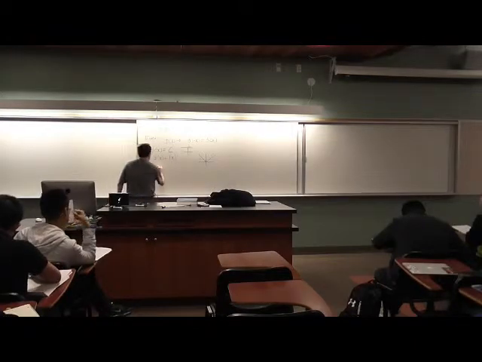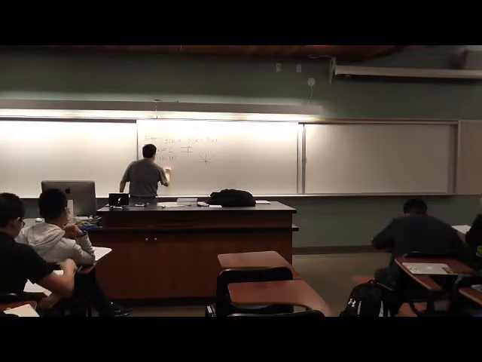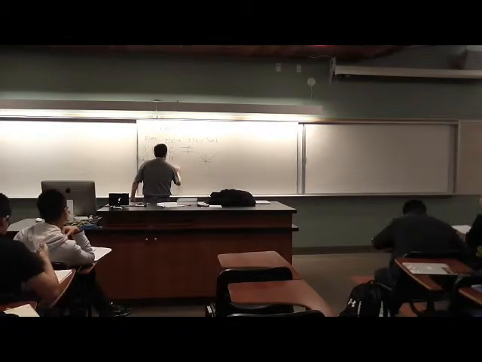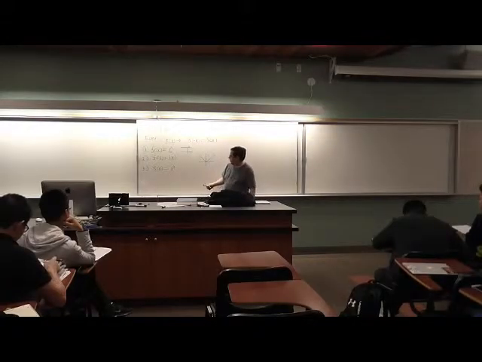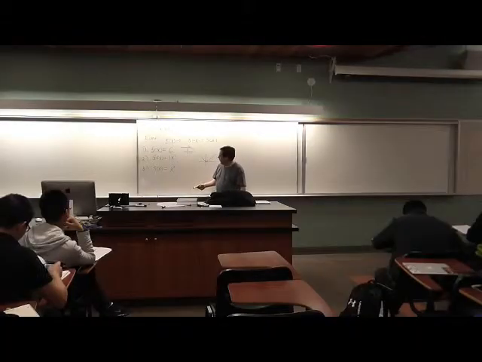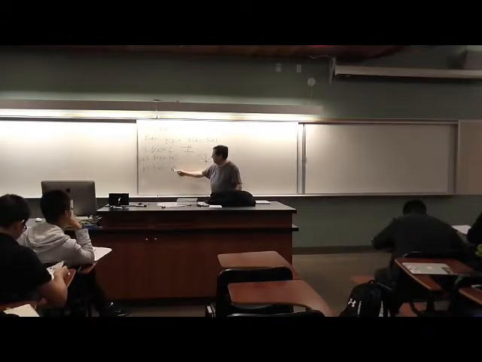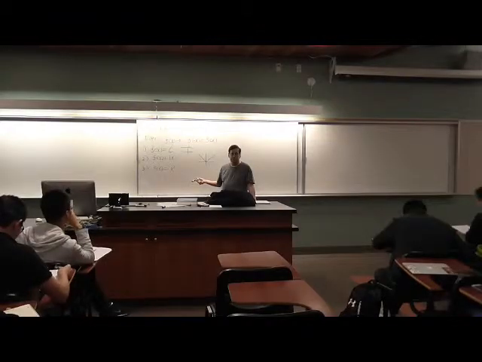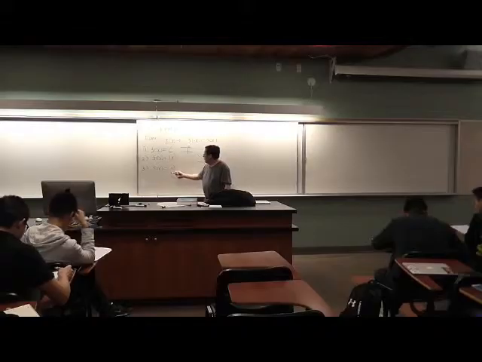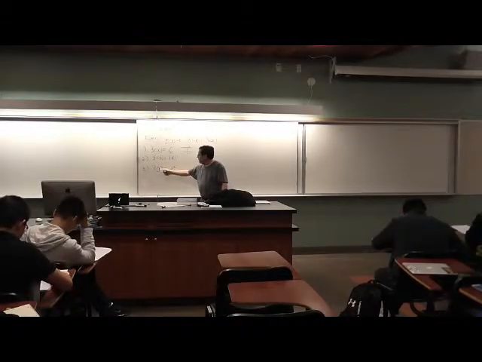Next, let's look at f of x equals x squared. Very similar to the absolute value function in that anything you plug in becomes positive. So f of minus 2 is 4, and f of 2 is 4.